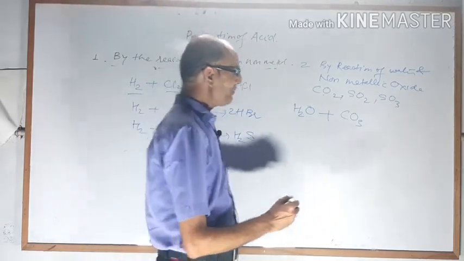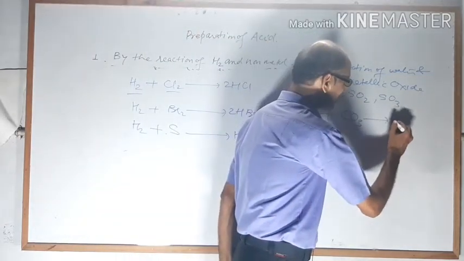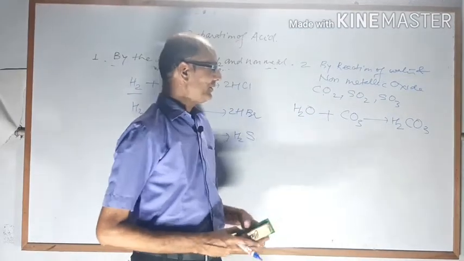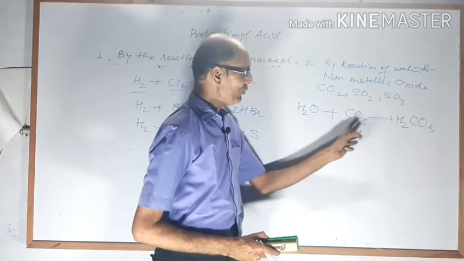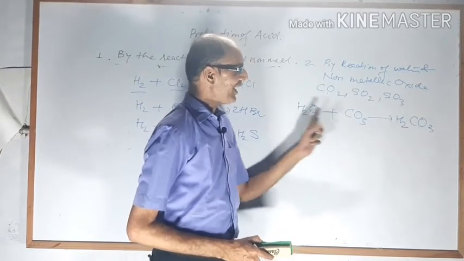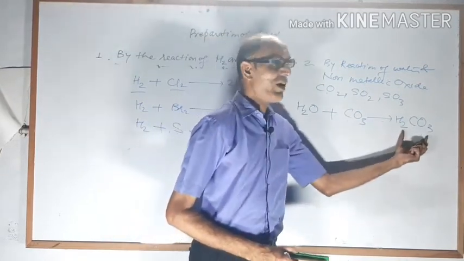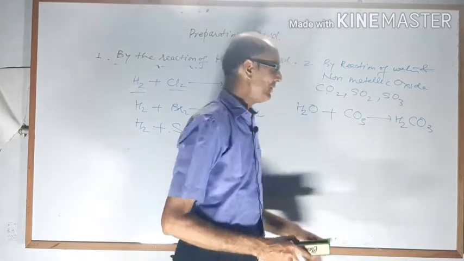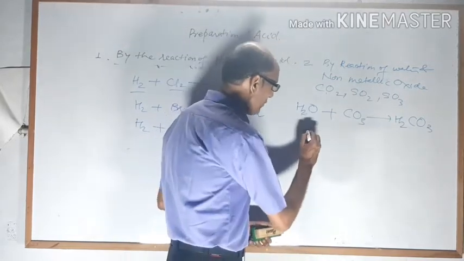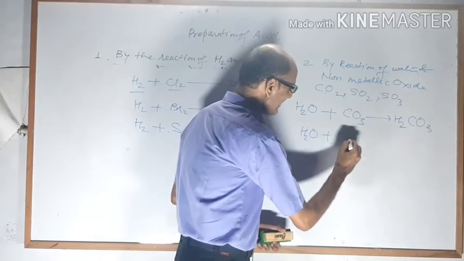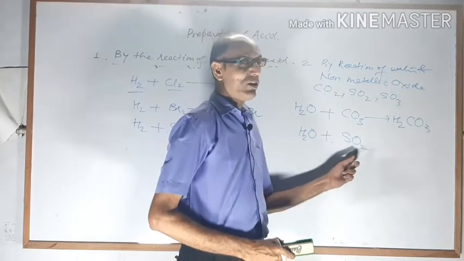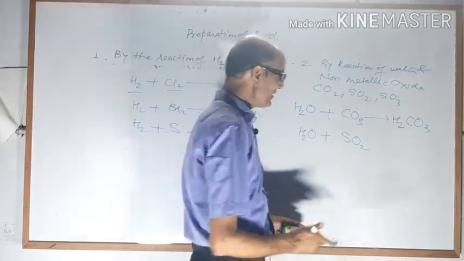You will form H2CO3. Water plus carbon dioxide forms this acid, which is called carbonic acid. Next one, H2O plus SO2. This is also an oxide of non-metal, called sulfur dioxide.